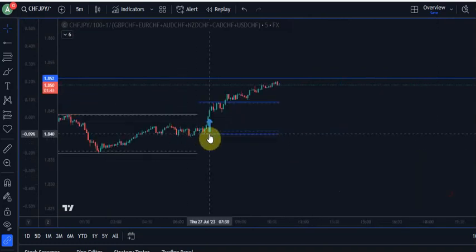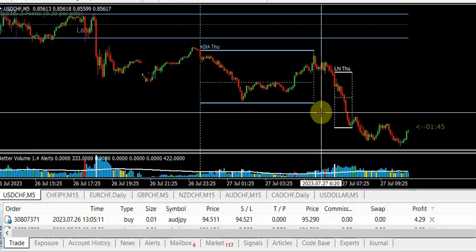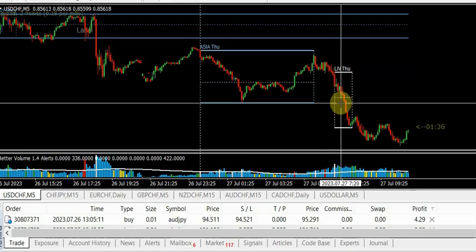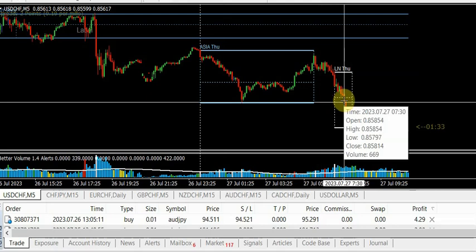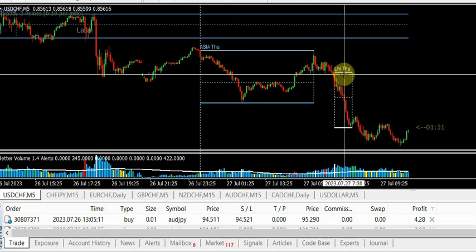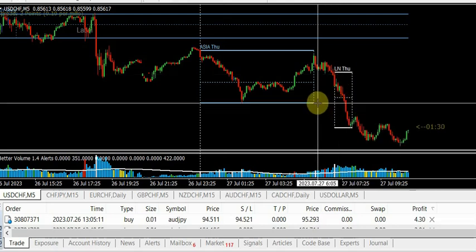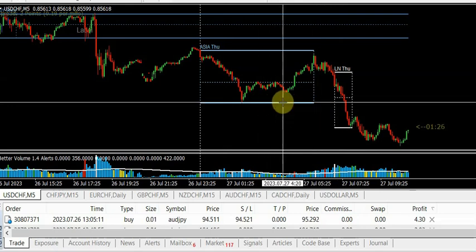This is the one that's breaking the high, which you can see is the 7:30. So at the close of 7:30, we could have been looking for Swiss longs, which would have meant short dollar Swiss. As you can see, the 7:30 is here. You could have taken that as a breakout of the Asian range trade.